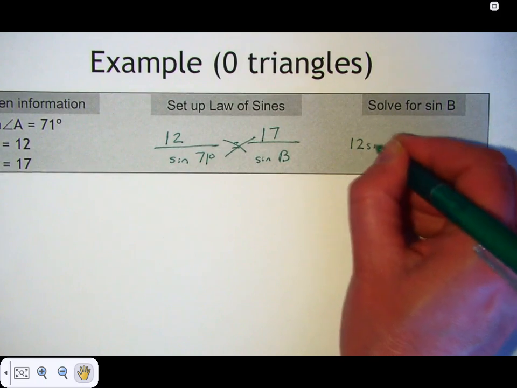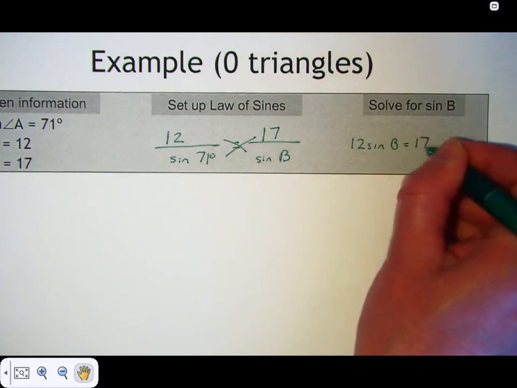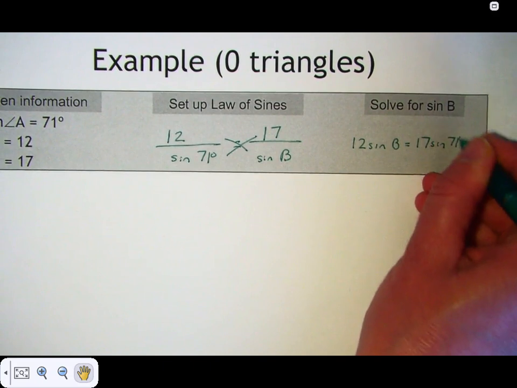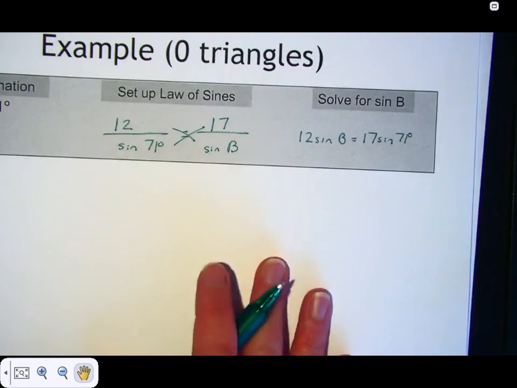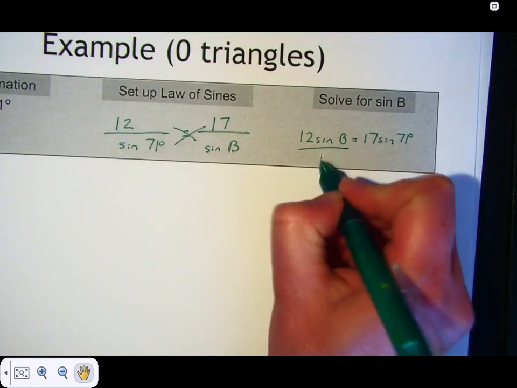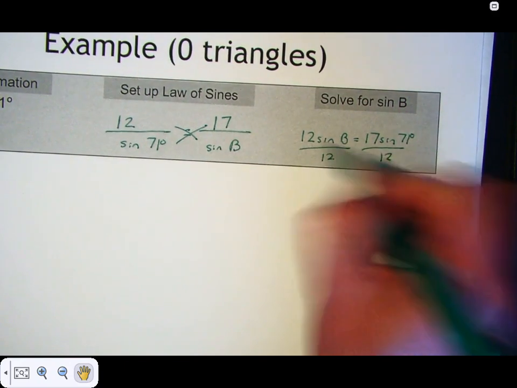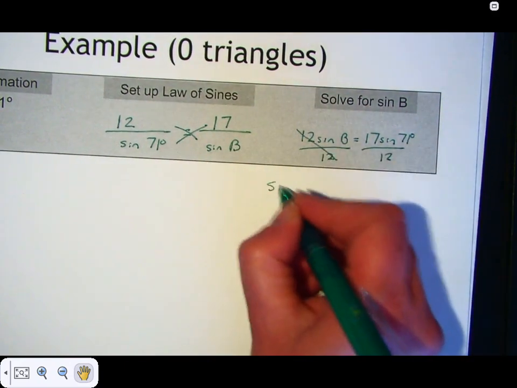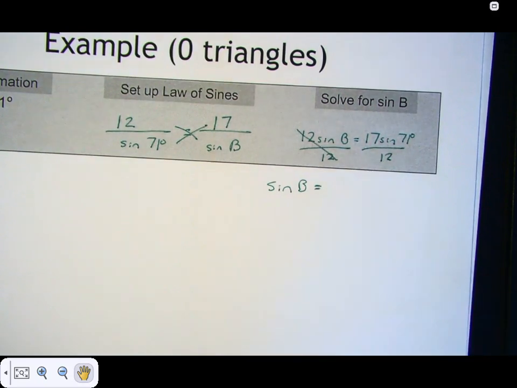So we get 12 sine B equals 17 sine 71. Divide by 12. And I need to know what 17 sine 71 over 12 is.